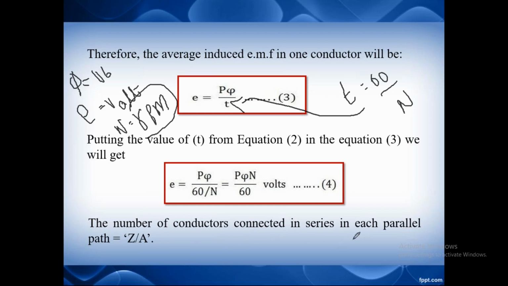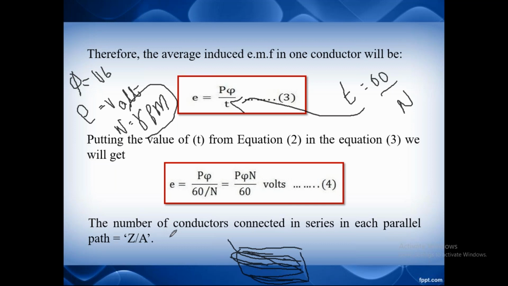Now, the armature conductors are connected in series in each parallel path. On the armature, parallel paths are arranged like this, and the armature winding in each parallel path is connected in series.